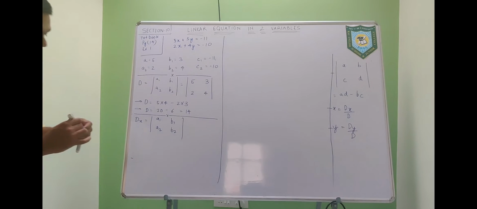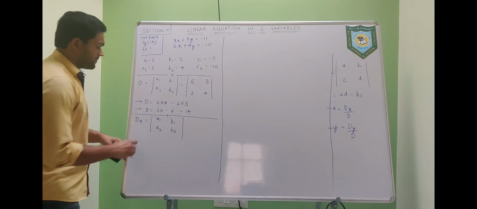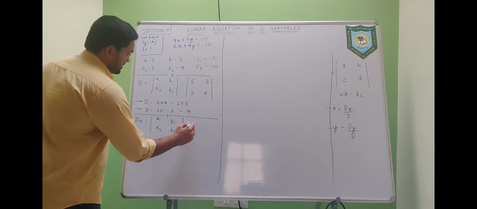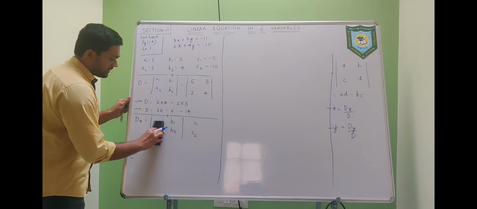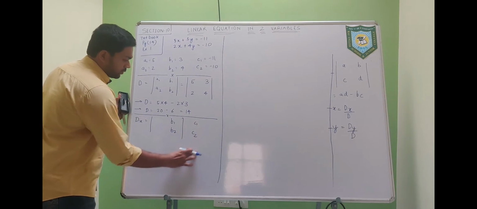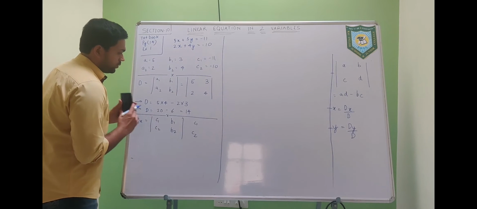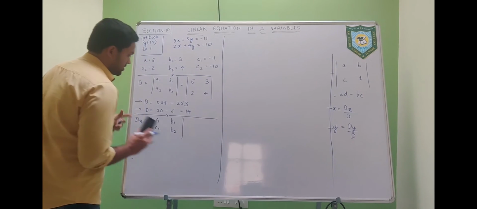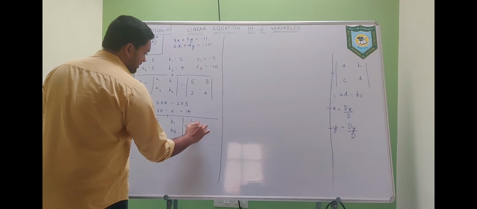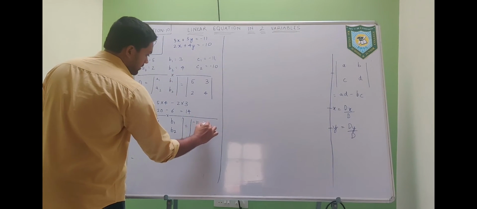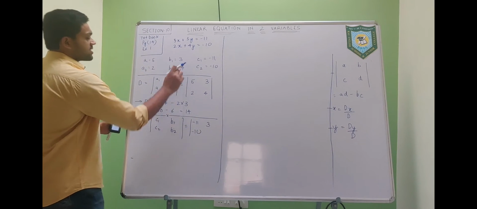In order to find dx, as we know this is not dx, this is d. I have C1, C2 over here. So A1, A2 has to be eliminated, and this C1, C2 moves in place over here. So this is C1, this is C2. So now the value of C1 is minus 11, value of B1 is 3, C2 is minus 10, and B2 is plus 4.